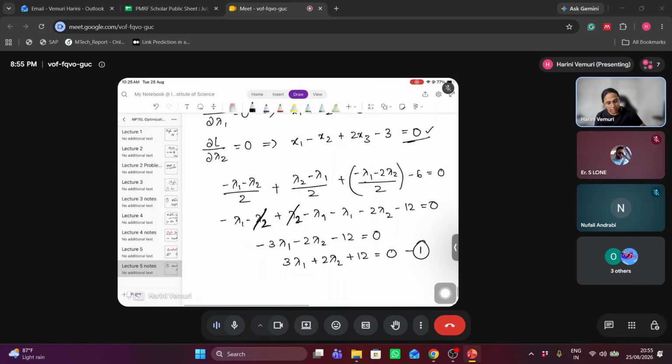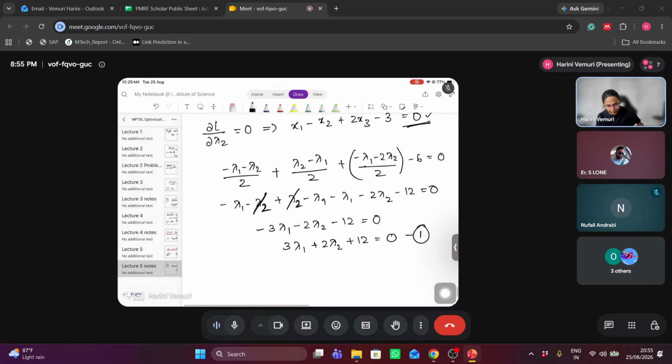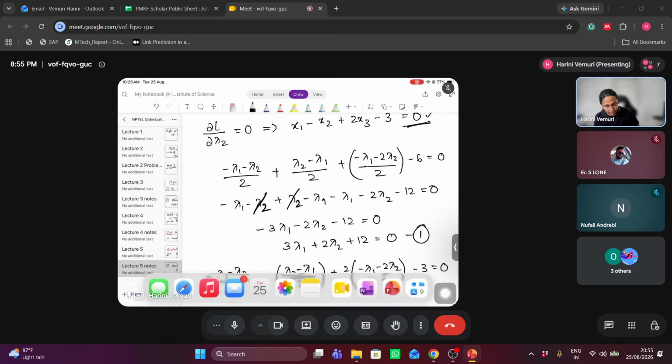Now in this one also we'll substitute x1, x2, x3 values in terms of lambda 1 and lambda 2. So that will be minus lambda 1 minus lambda 2 by 2, minus of lambda 2 minus lambda 1 by 2, plus 2 times minus lambda 1 minus 2 lambda 2 by 2, minus 3 equal to 0.